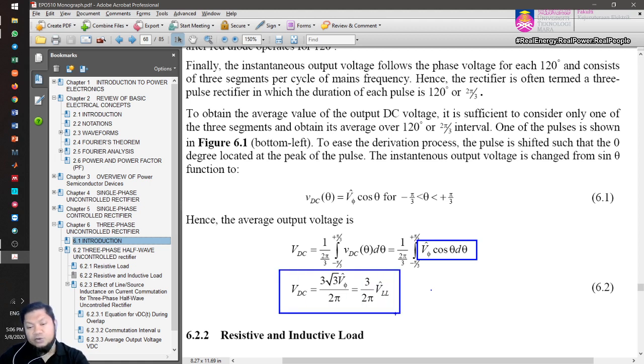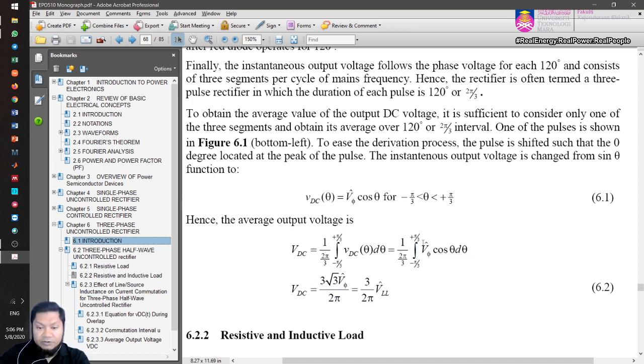Or you can maintain the equation up to here if you want to use the peak phase voltage: 3 multiplied by root 3 V peak phase over 2 pi. In terms of V peak line to line, it becomes only 3 over 2 pi V peak line to line. So that gives you the average output voltage equation.